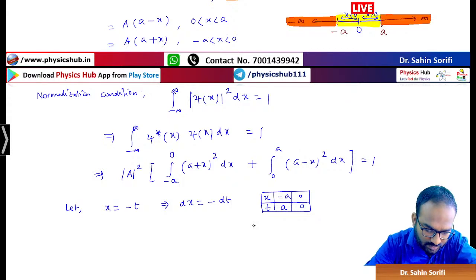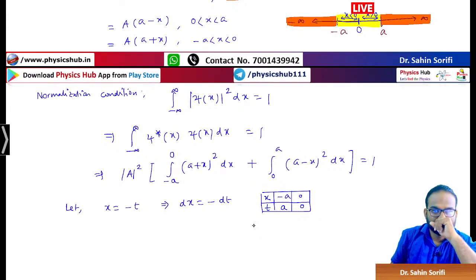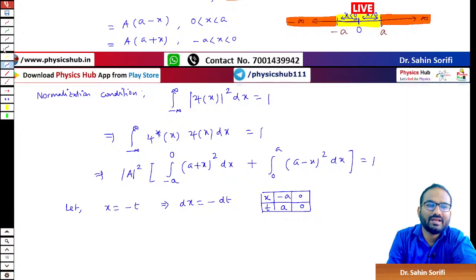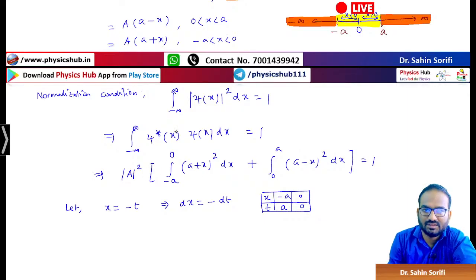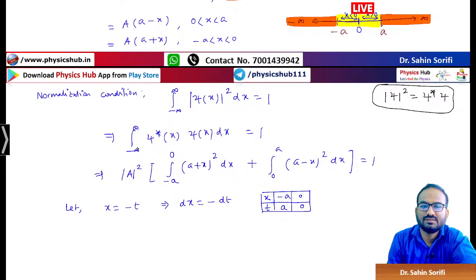One time explain the mod condition. How do you split? You are asking about the second or third line: mod psi square is psi star psi, this is what we know. Now it is minus infinity to plus infinity, but the value is non-zero between minus a to plus a.